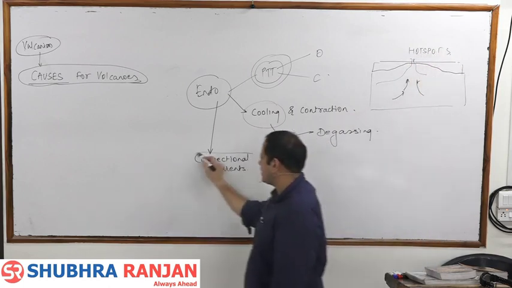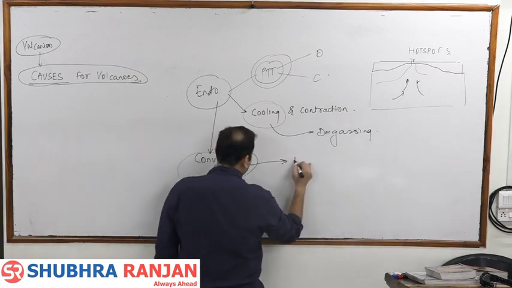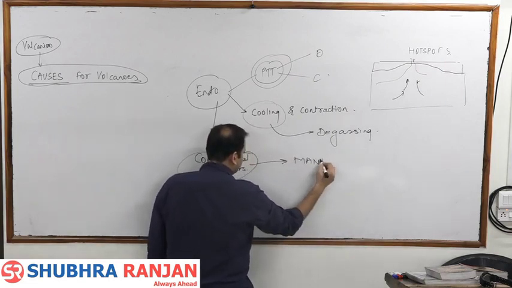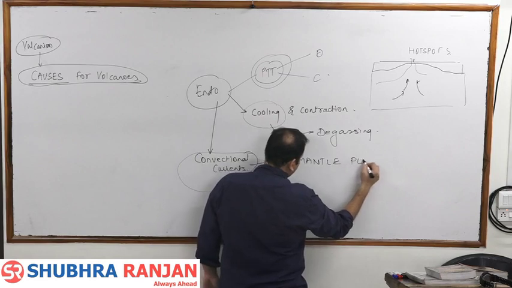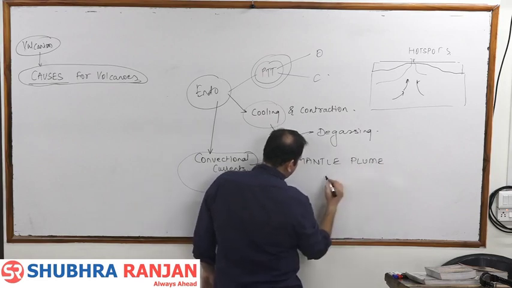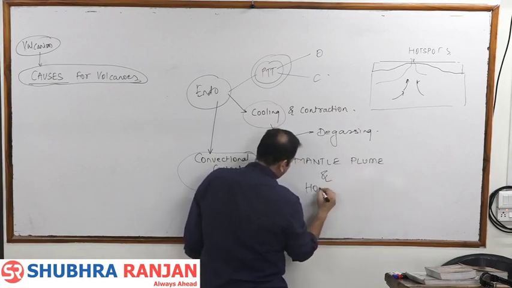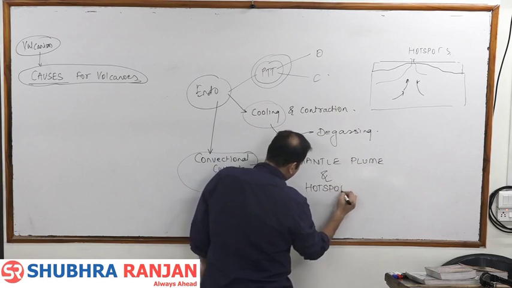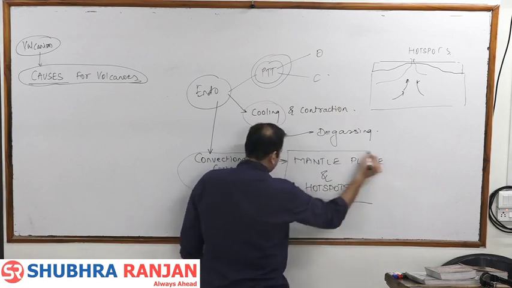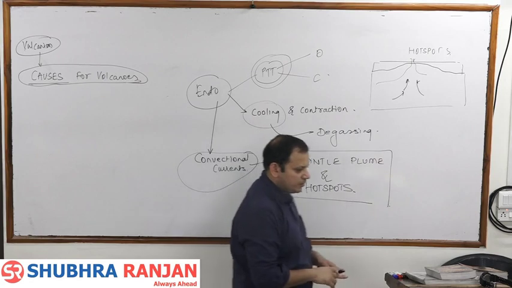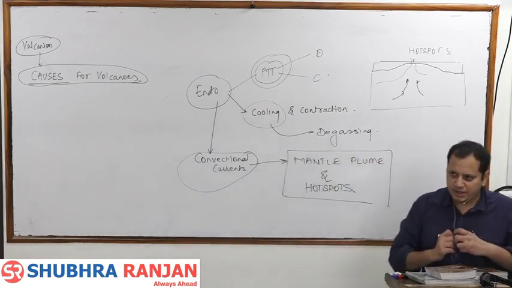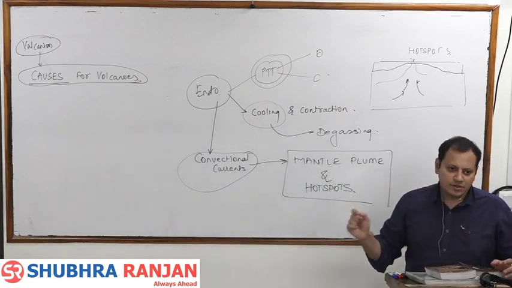So this I am talking about mantle plume and hotspots. Fine. So these are 2-3 different causes for the volcano.